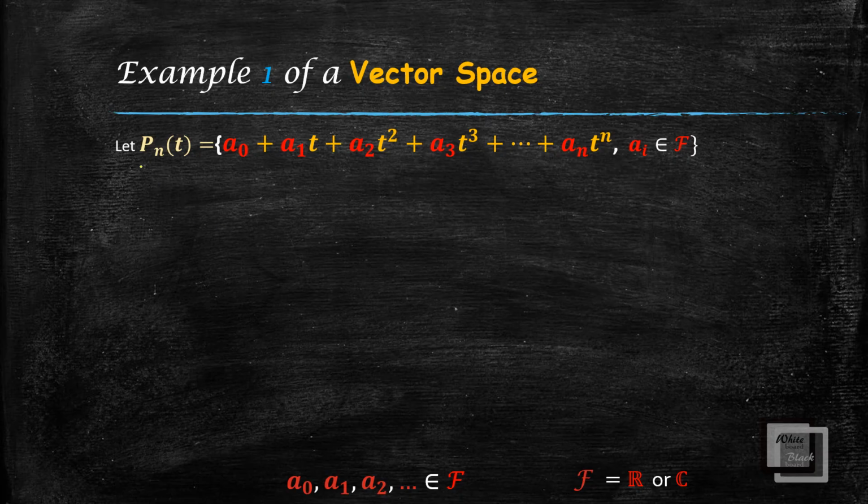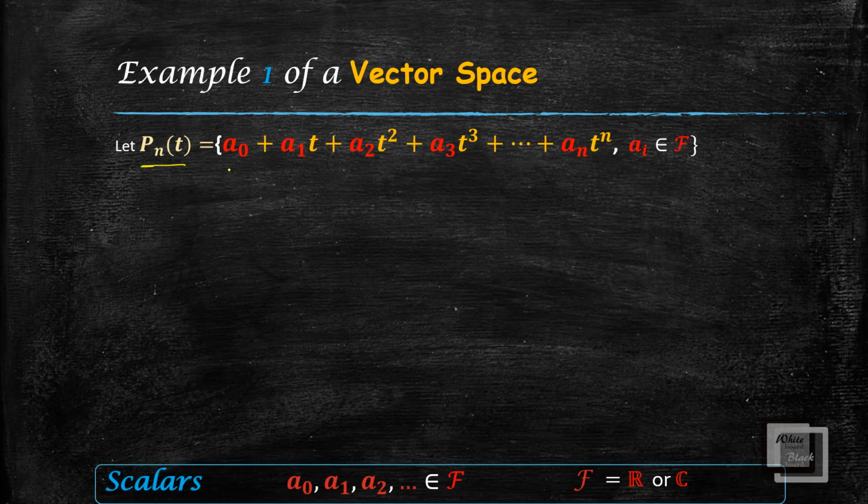So here Pn(t) is a set of polynomials such that a polynomial is of type a0 plus a1 t plus a2 t square plus a3 t cube up to an t^n, where these coefficients a0, a1, a2, ai belong to field F, where F can be the real field or complex field or any other. Here Pn(t) is a non-empty set as it contains all polynomials of this type. We want to prove here that Pn(t) is a vector space.